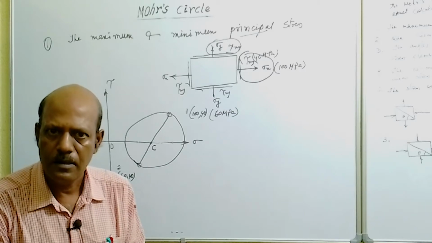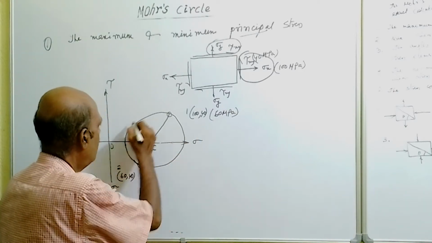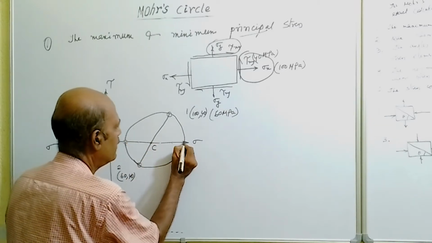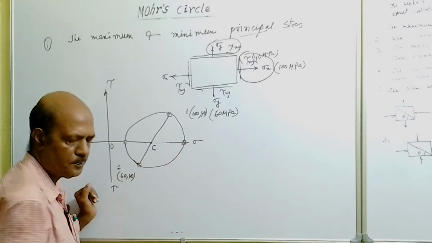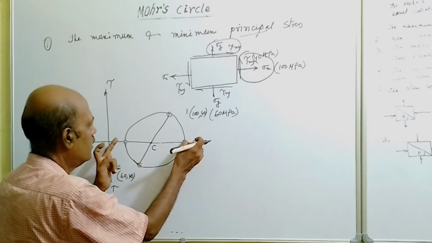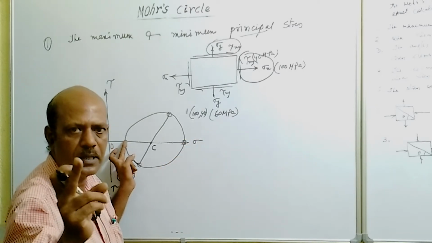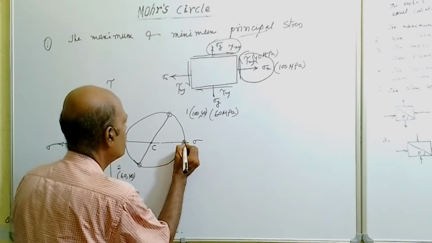Now in this circle, we can see this is one point and this is the second point where the tau value will be 0. So these two points indicate the principal planes.